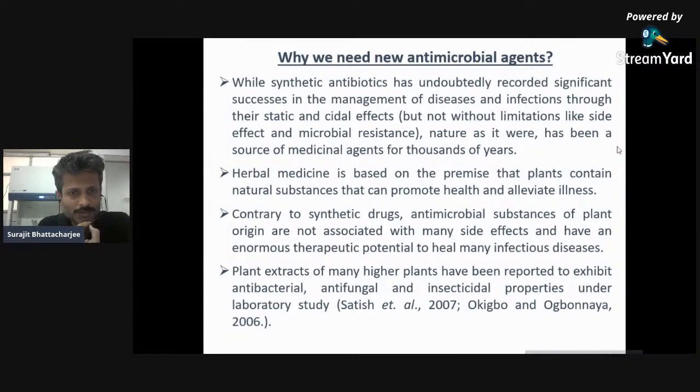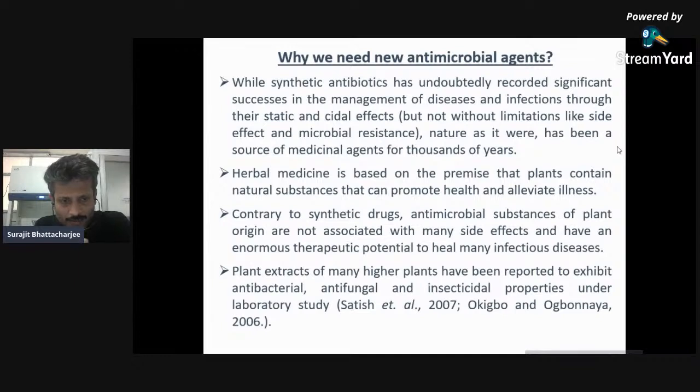To overcome this antibiotic resistance, we need to identify new compounds or agents which can originate from natural resources. In this regard, herbal medicine and natural products obtained from plants and other natural resources can be screened for their potential antimicrobial activity.